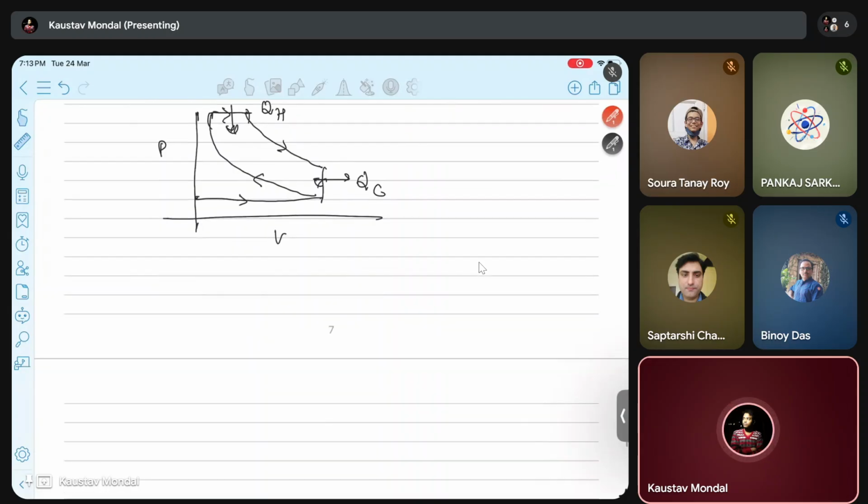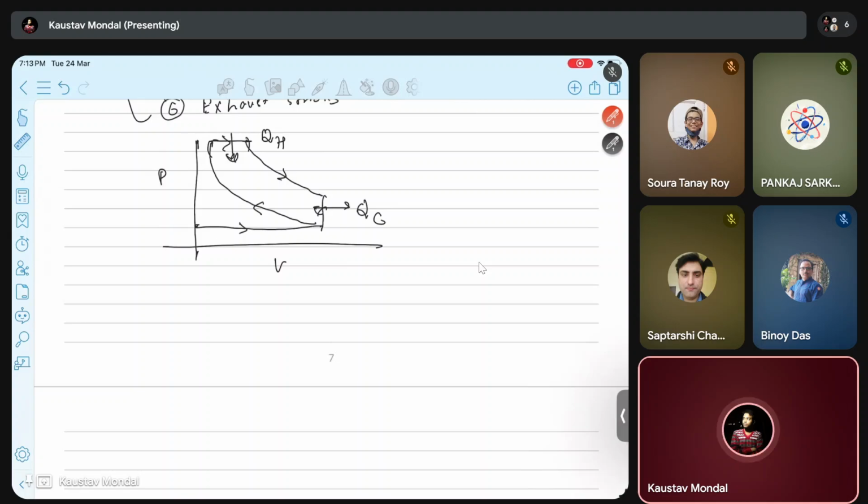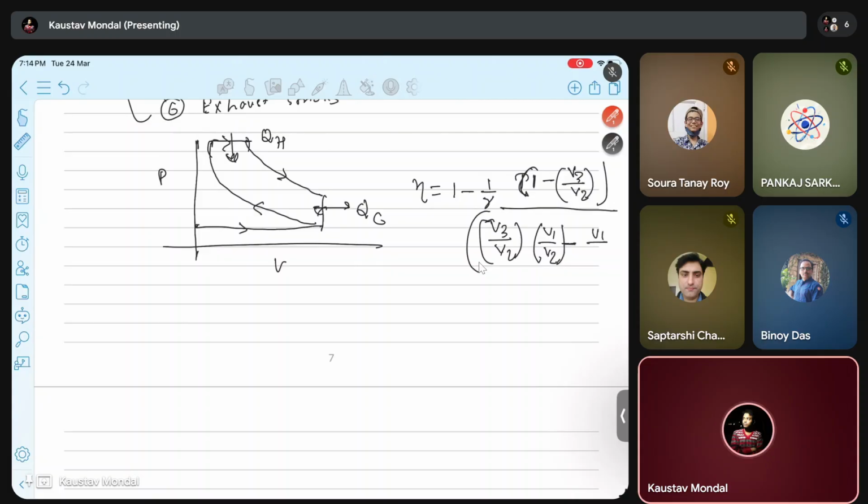If you calculate this efficiency eta, it will take a form like this: eta equals 1 by gamma, times 1 minus, in the denominator, V3 by V2 to the gamma minus 1, over V3 by V2 minus 1, where V1 by V2 is to the power gamma minus 1.